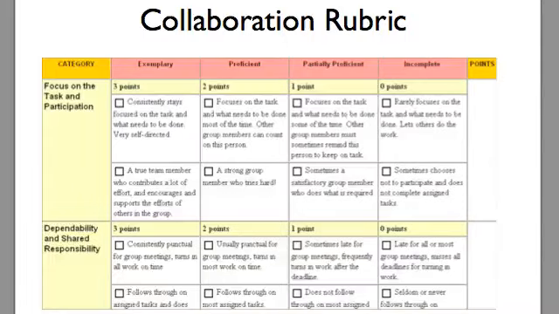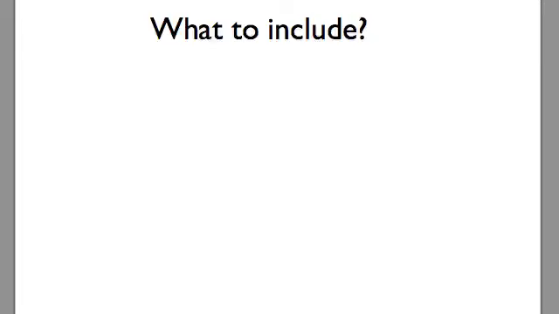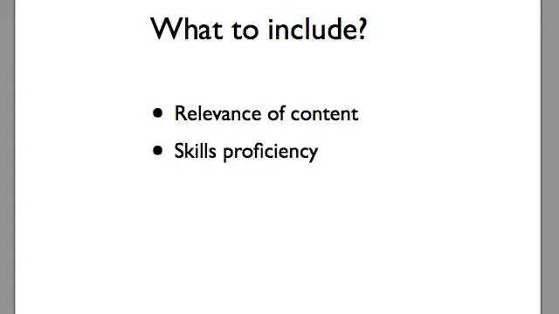It's important to identify key criteria in the evaluation of Web 2.0 learning activities. First, we should gauge the relevance of the content. It should be appropriate, helpful, necessary information towards specific curriculum goals. Second, the students should be demonstrating proficiency in learning skills such as critical thinking, communication, and collaboration.